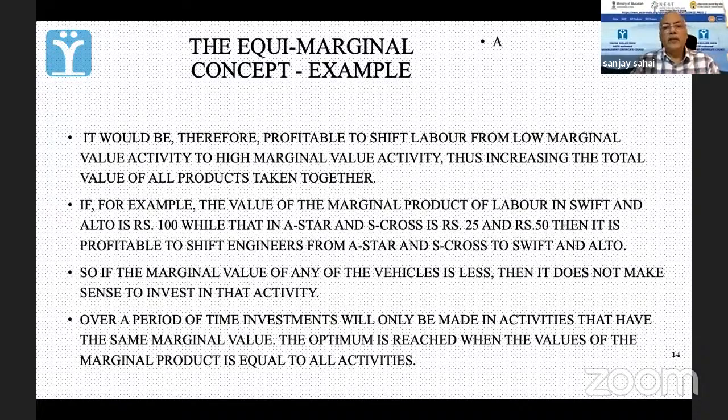Over a period of time, investments will only be made in activities that have the same marginal value. The optimum is reached when the values of the marginal product is equal in all activities.